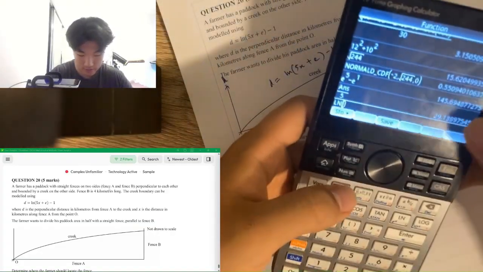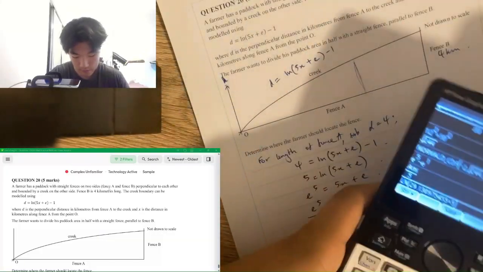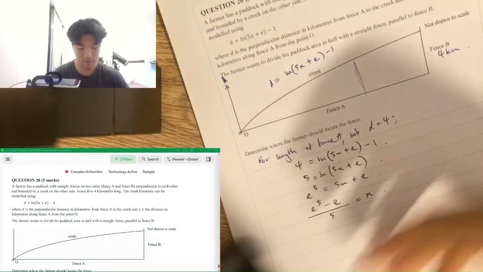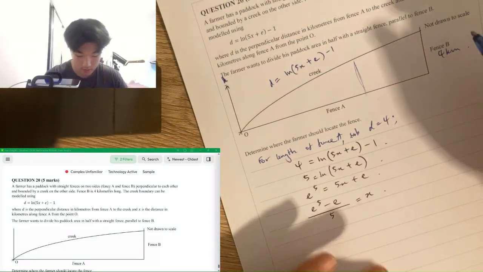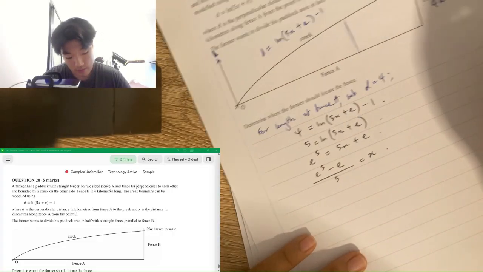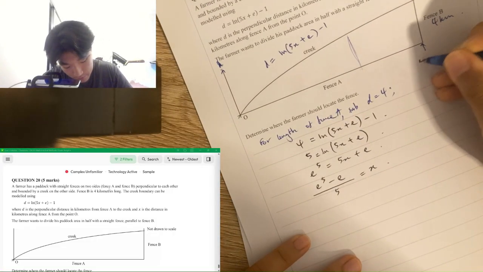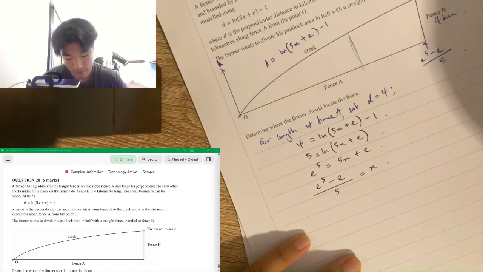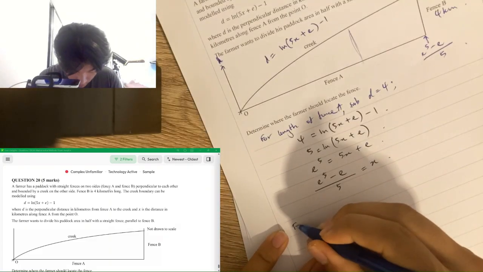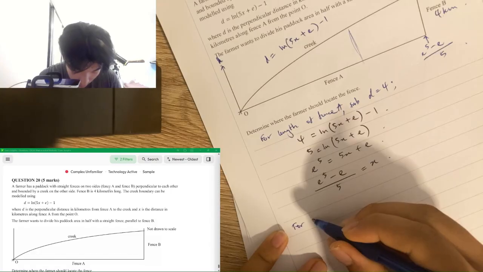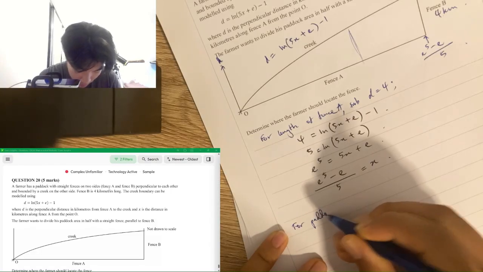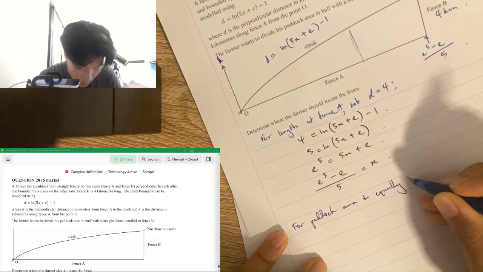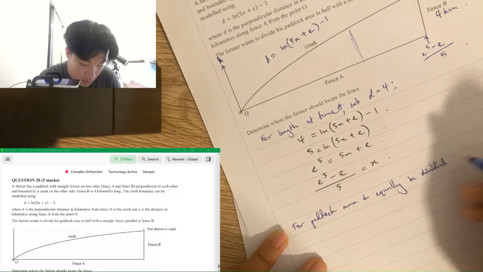Let's just sub it back in to see. Yep, okay. Seems reasonable. Okay, so that's the total length, e to the power 5 minus e over 5. Paddock area to be equally divided in half.